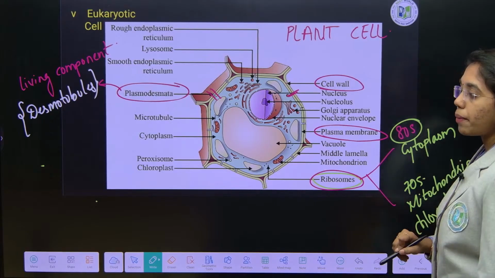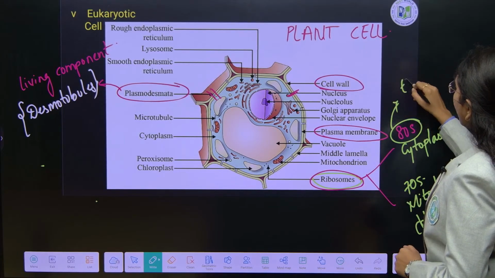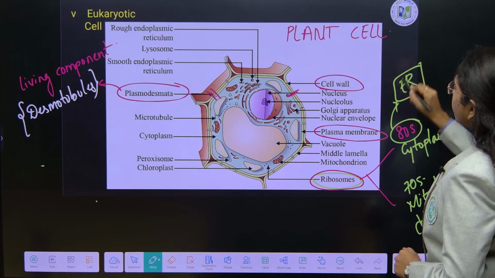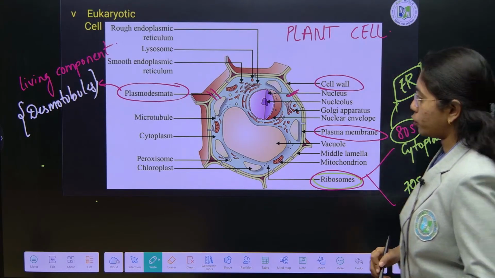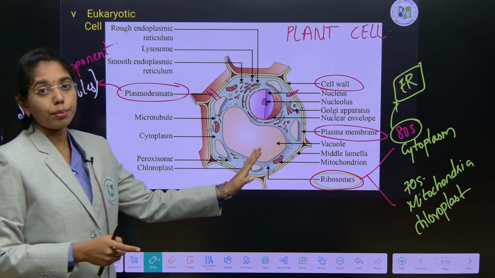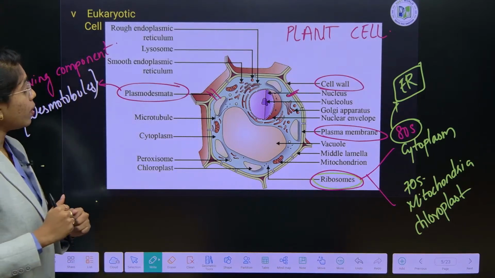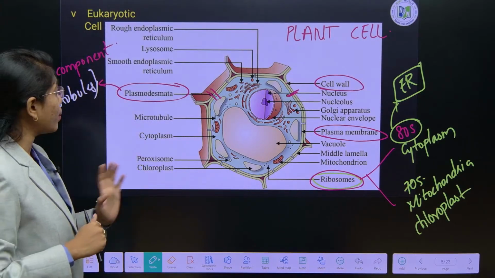And 80S type of ribosomes are present not only in the cytoplasm but also attached to the endoplasmic reticulum. Remember the locations. These are the only non-membrane bound organelles that you see in a plant cell. Apart from this, you have single membrane bound organelles.